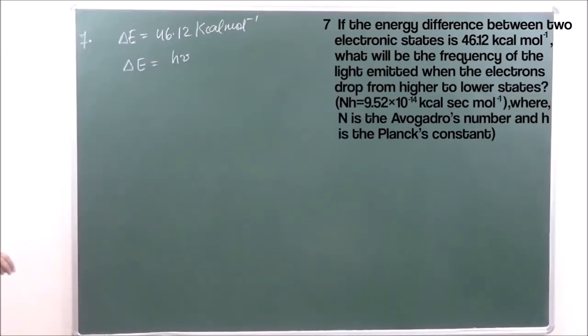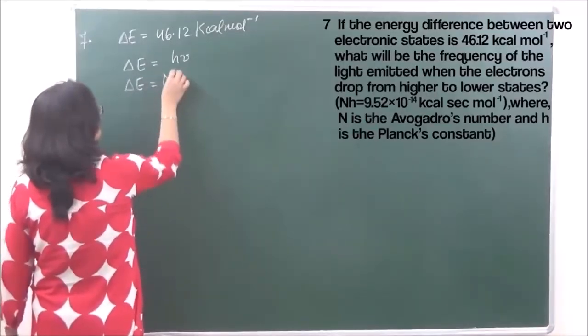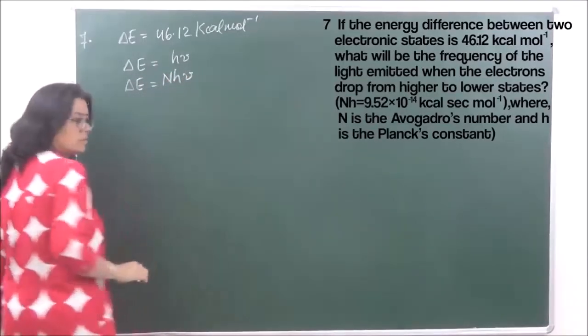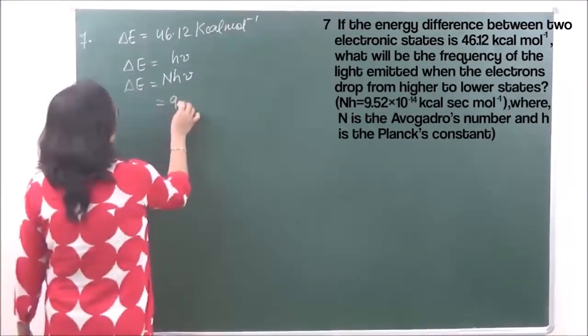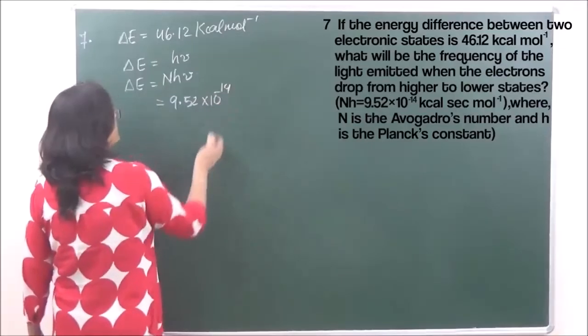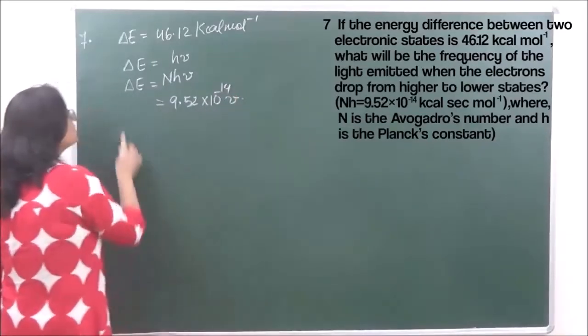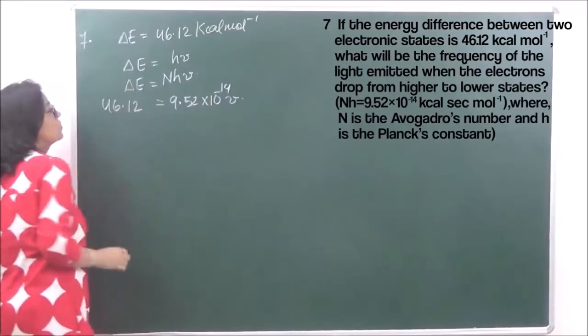When we are talking of one mole, delta E will be equal to NH nu. The value of NH is given to us, 9.52 into 10 raised to power minus 14, so 9.52 into 10 raised to power minus 14 nu, and the value of delta E is 46.12.